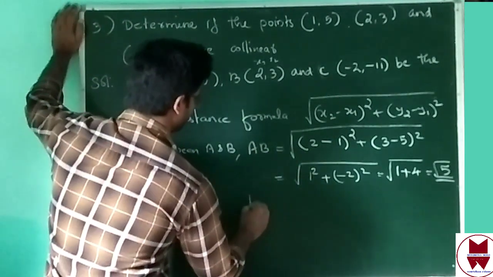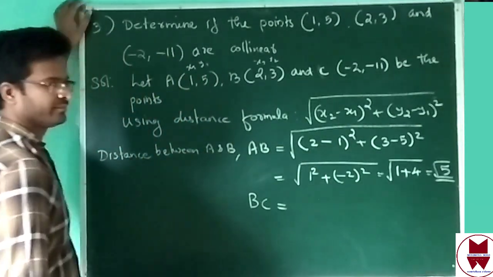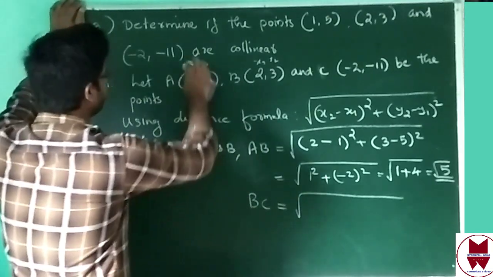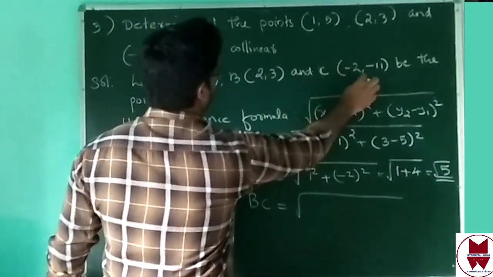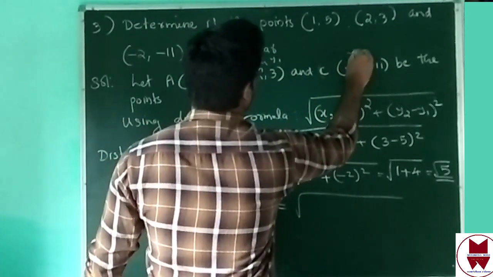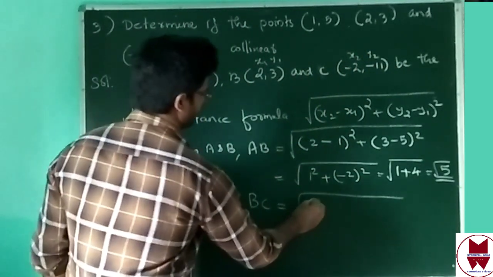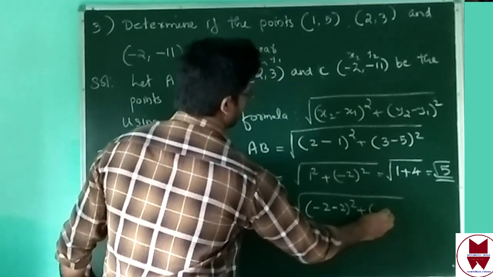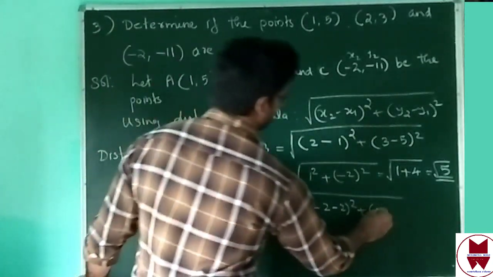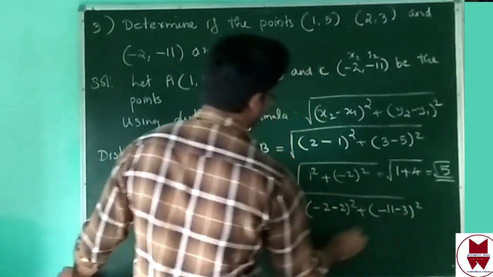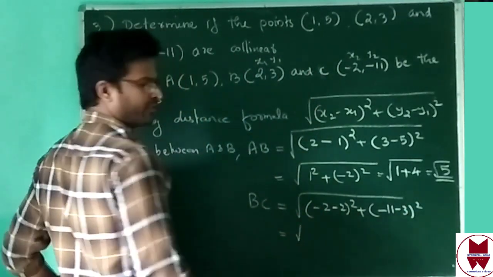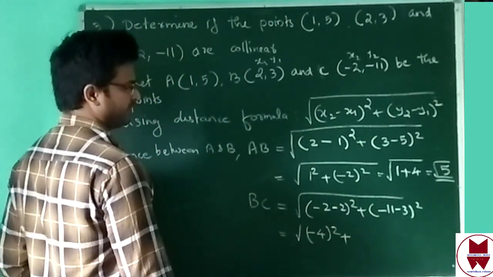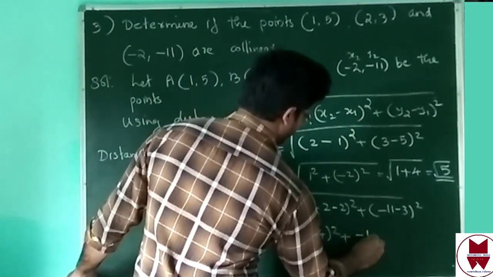The next, BC means distance between B and C. B and C, that time this will be x1, y1, x2, y2. Use the same formula: x2 minus x1, minus 2 minus 2 all square, y2 minus y1, minus 11 minus 3 all square. Square root of minus 2 minus 2, minus 4 all square, plus minus 11 minus 3, minus 14.